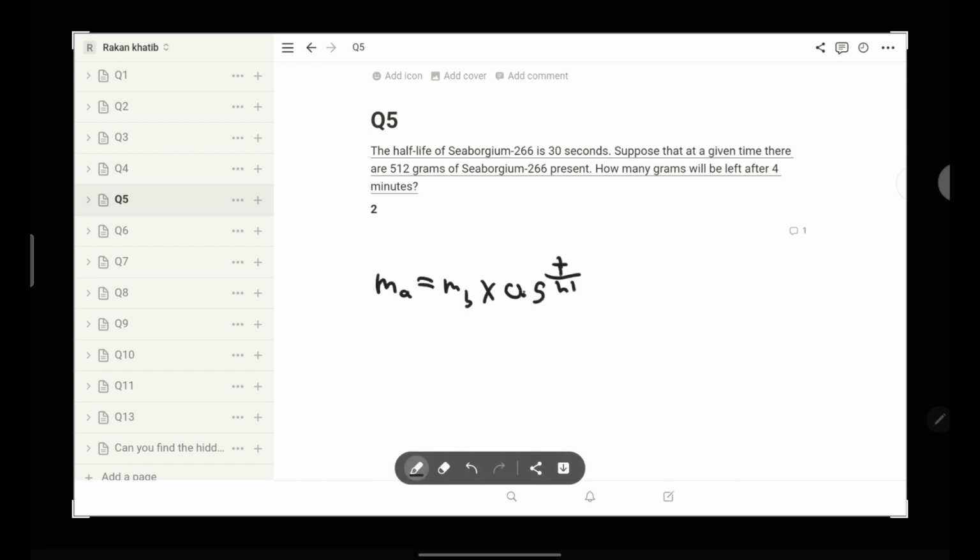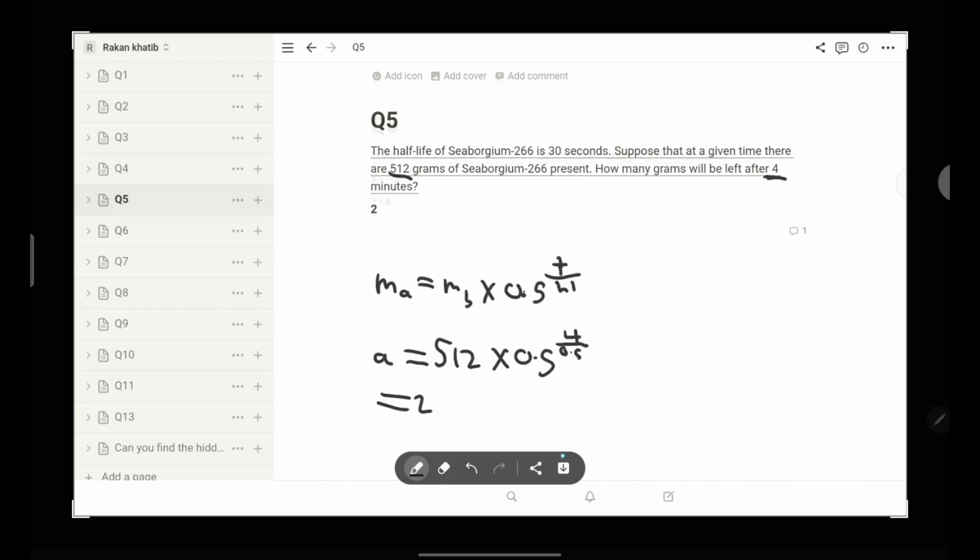Since mass after is unknown, it equals mass before, which is 512, times 0.5 to the power of time. What's the time? It will be left after 4 minutes, so 4, and we should always convert them to the same unit. So 30 seconds, let's convert to minutes, it's going to become 0.5. So we're just going to do 512 times 0.5 to the power of 4 over 0.5, you get 2.